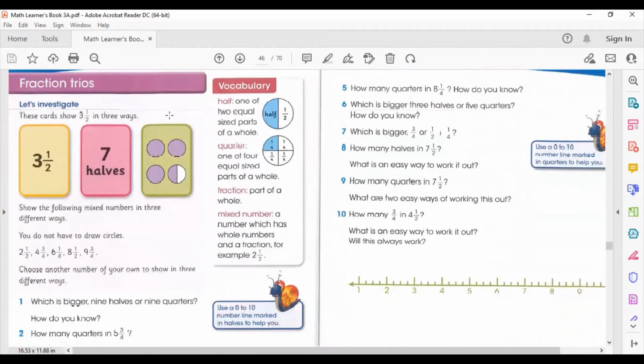Fraction. Here your variables. First of all, we need to know a little bit about fractions. Half. One of two equal size parts of a whole. Any shape, if you're making in the center a line, a symmetric line, you can also say.